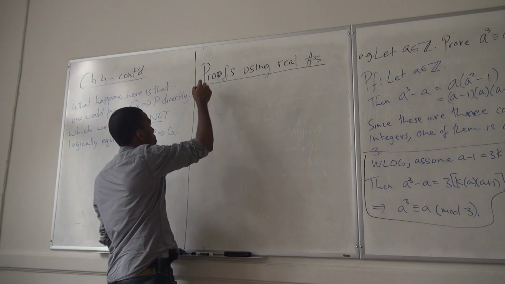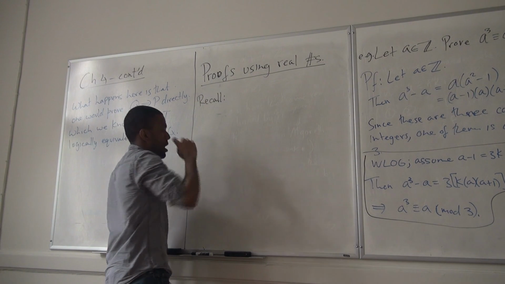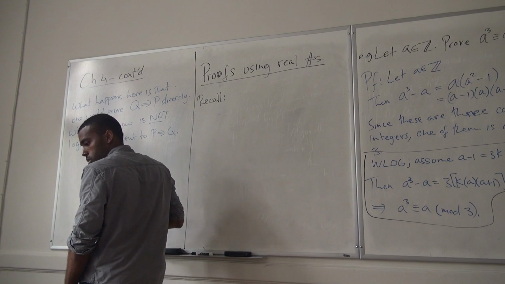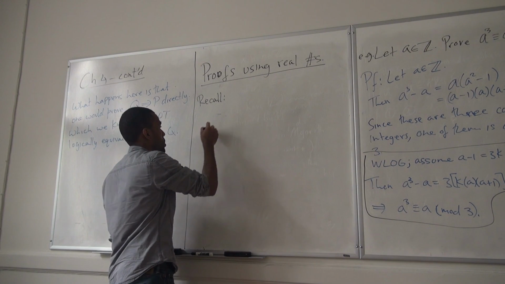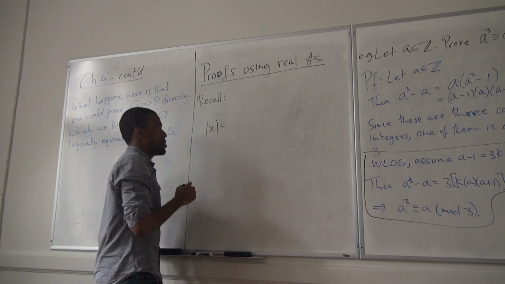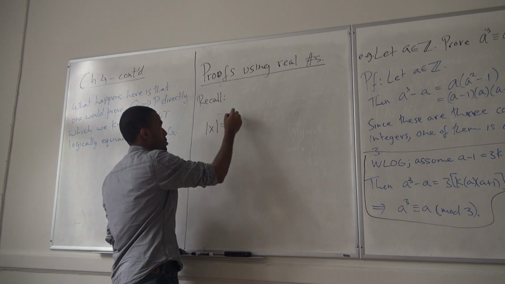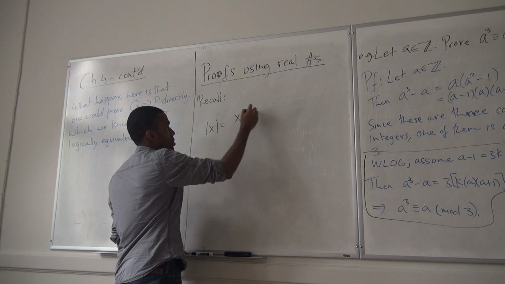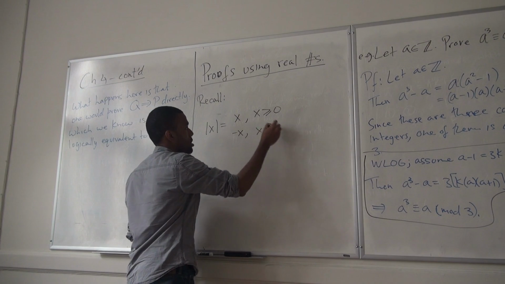Just to make sure, I asked this on the last quiz: how do we define the absolute value of x? It's x if x is greater than or equal to 0, and it gives you minus x if x is less than 0.